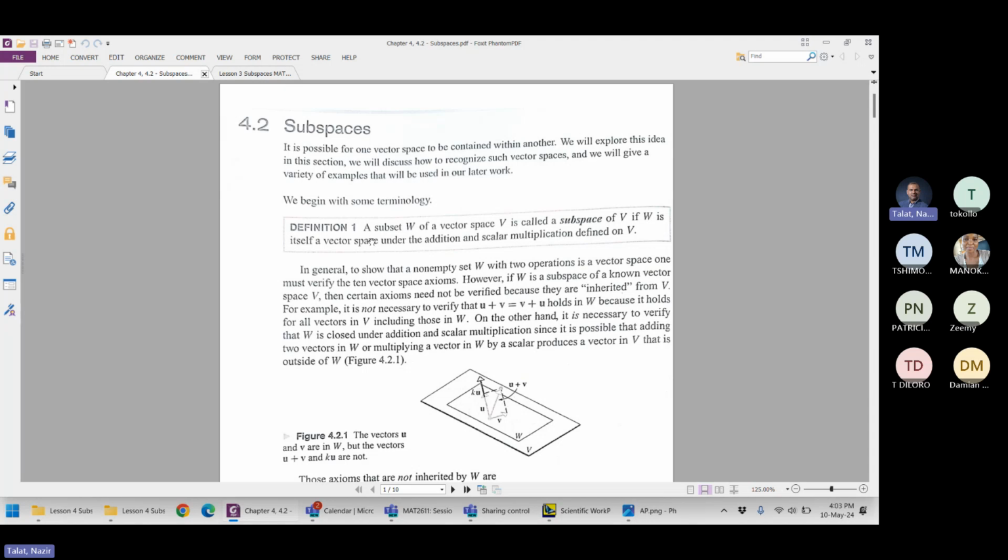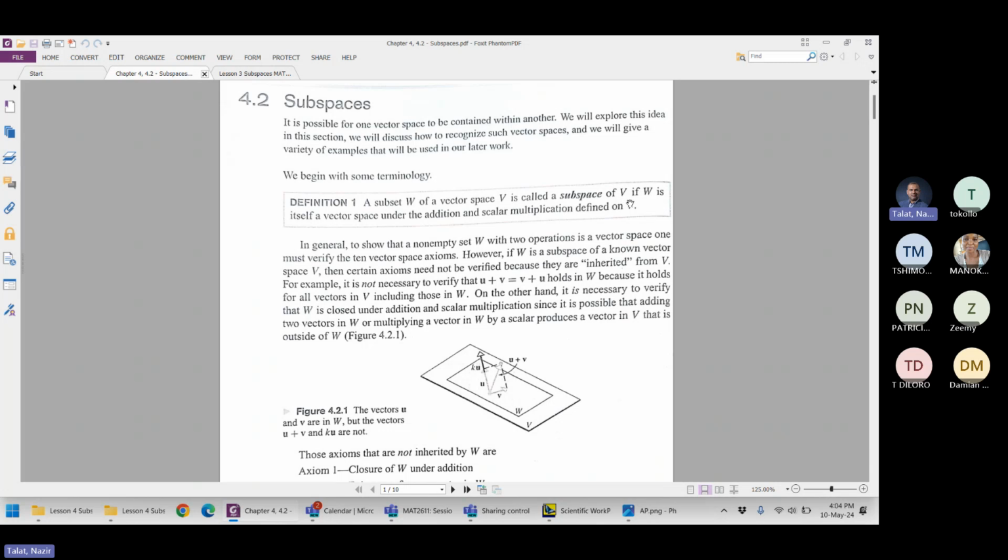So for this, we consider this important definition: if W is a subset of a vector space V, then such a set W is called a subspace of V if W is itself a vector space under the addition and scalar multiplication defined on V.